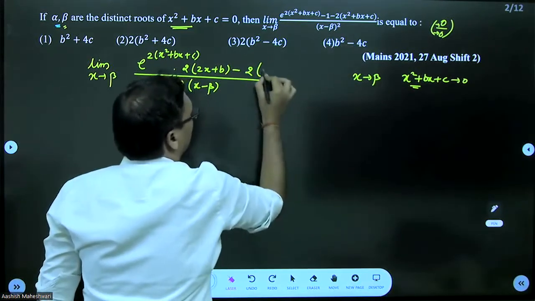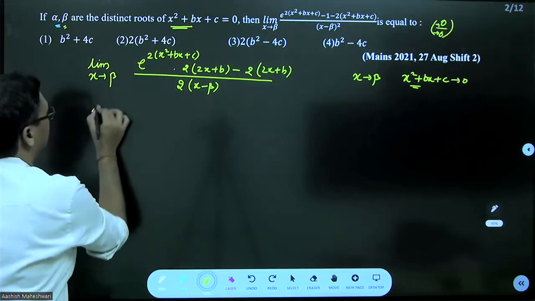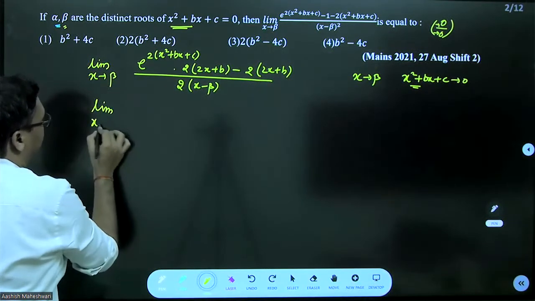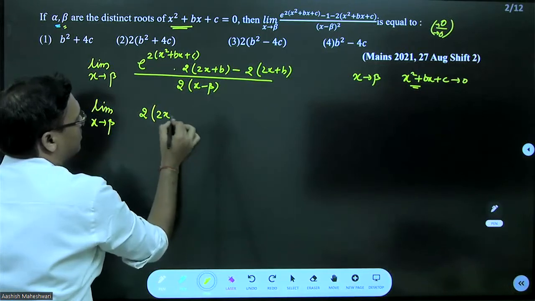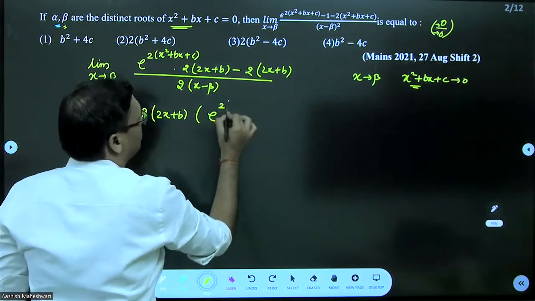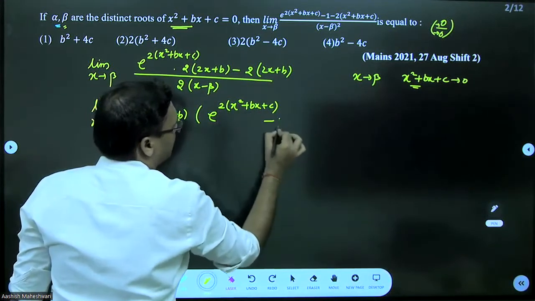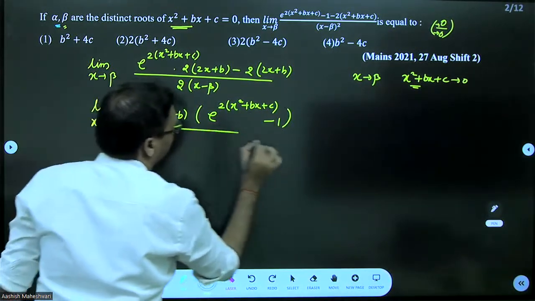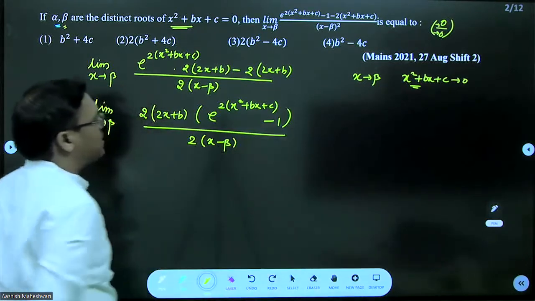Derivative of this is 2x plus b. Right? And you can see here, this is limit x approaches beta. I can take this common. This is 2 times 2x plus b is common, and this will become e raised to 2x square plus bx plus c minus 1, divided by 2 times x minus beta. This is the expression.